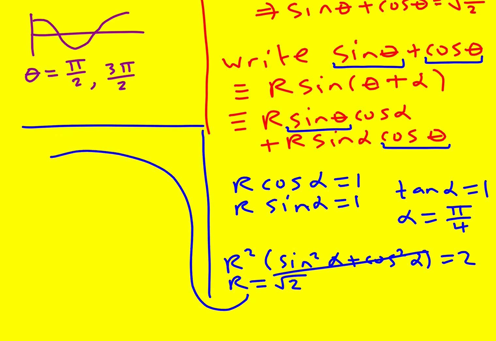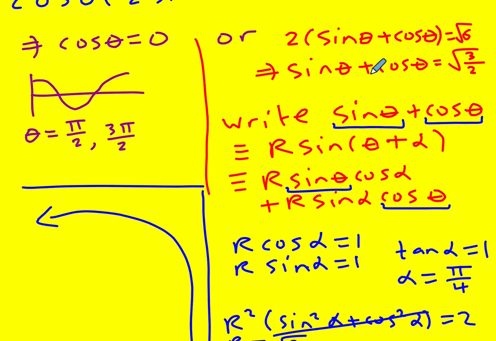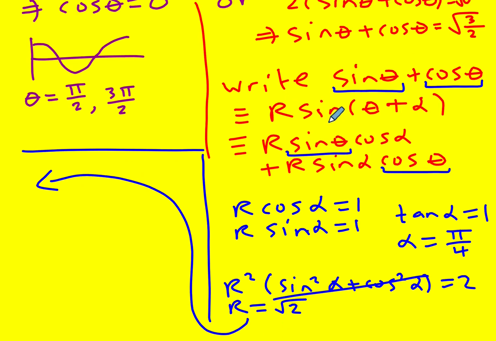Actually, I'm just going to come over here. So the whole purpose of that is that we can now rewrite sine theta plus cos theta as root 2 sine of theta plus pi over 4 equals root 3 over root 2.